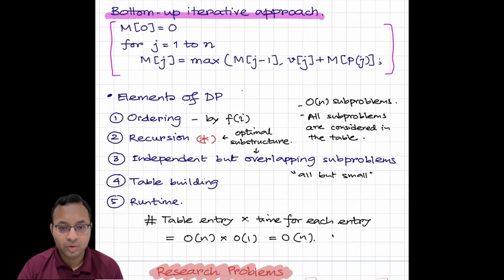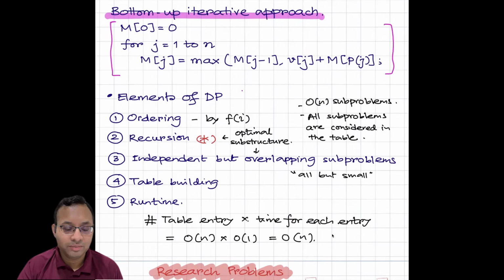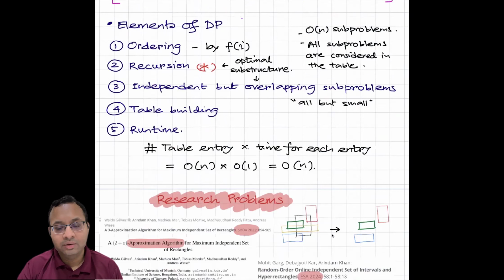So all subproblems are considered in the table, and the table building will not take too much time because the number of table entries is only order n, and each time we are only checking 2 entries, so it's constant time. So overall, it's a linear time algorithm. It's even better than the n log n time algorithm we discussed in the unweighted setting. So this ends the weighted interval scheduling.